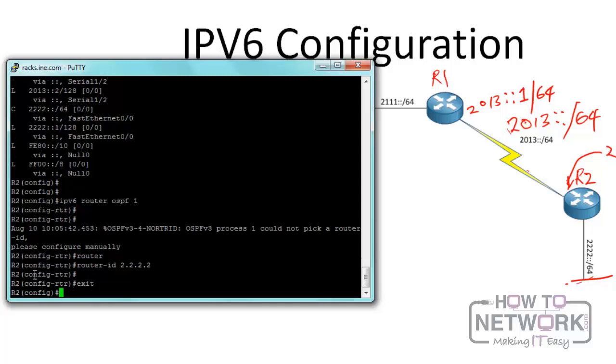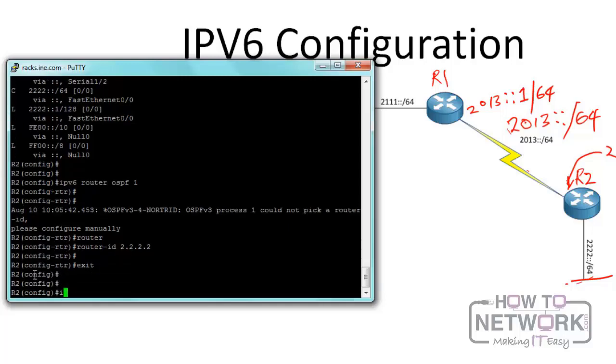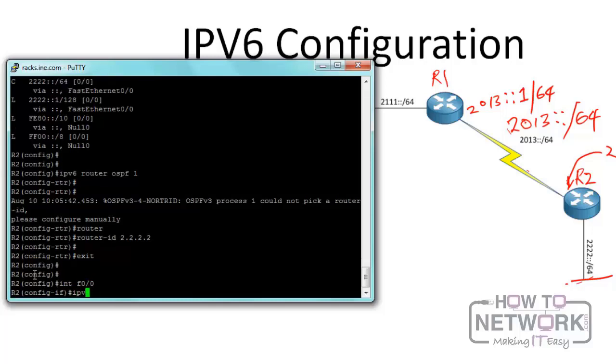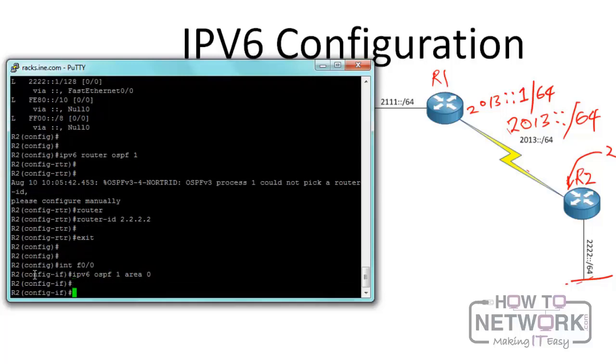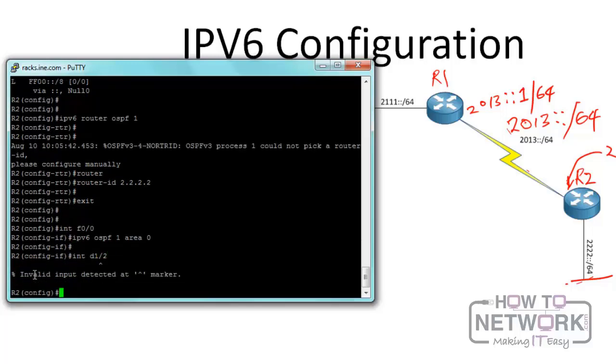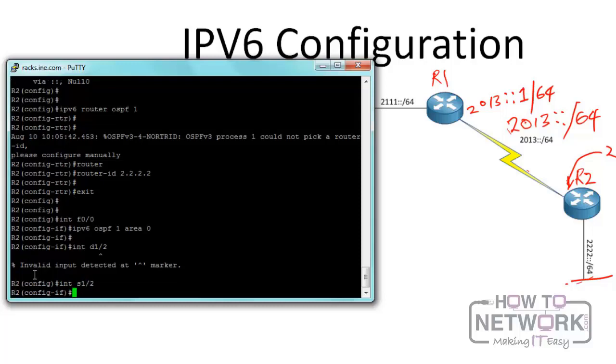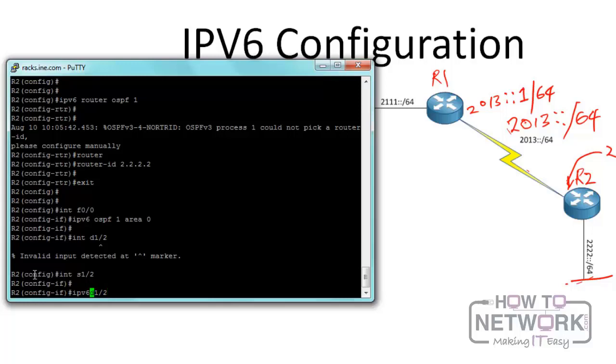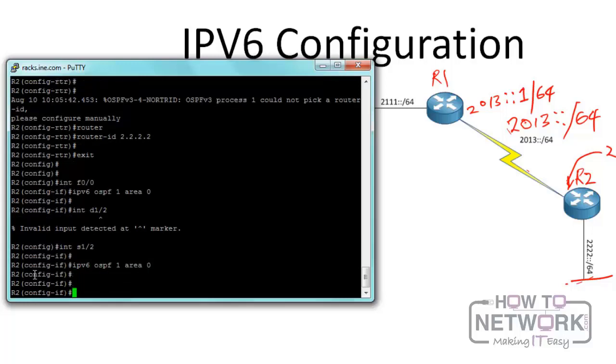So we say exit, and then interface FastEthernet 0/0, IPv6 OSPF process ID 1, and put it in area 0. And we're going to go under the serial interface and repeat the same command, IPv6 OSPF 1 area 0, and with that OSPF has been configured on R2.